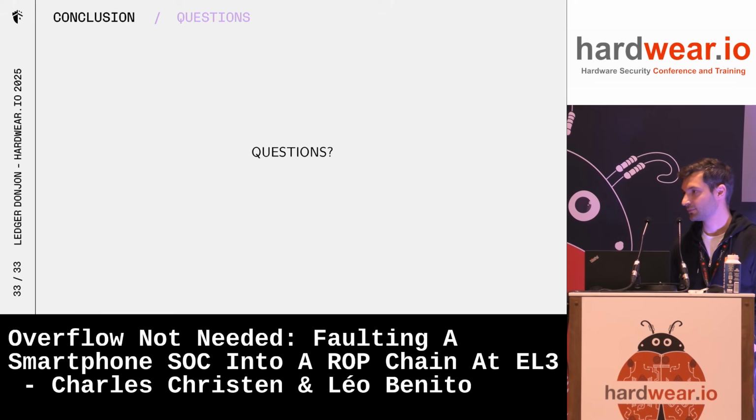Did you consider using voltage glitching, or why didn't you do that? We shortly considered it. The problem is if you want to do voltage glitching, you basically have to understand the different power rails powering the SOC. You have to understand power sequencing maybe to boot it up properly. And so that's a lot of reverse engineering work that's just not needed if you use EMFI. So that's just way easier.